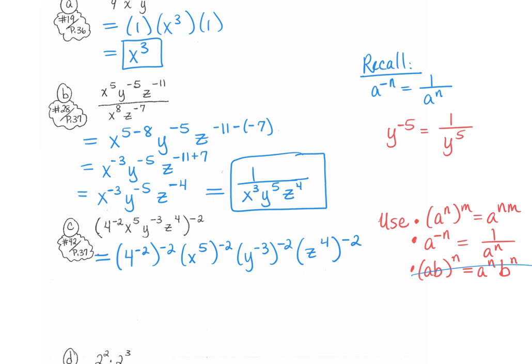Now we're going to use this property, which was property 5. Tell me what we get. Someone who has not answered today, tell me what we get. Say it loud. 4 raised to the 4, because you're multiplying negative 2 times negative 2.